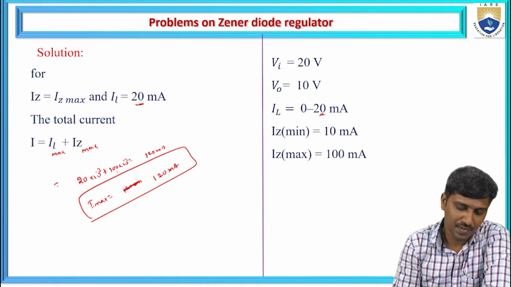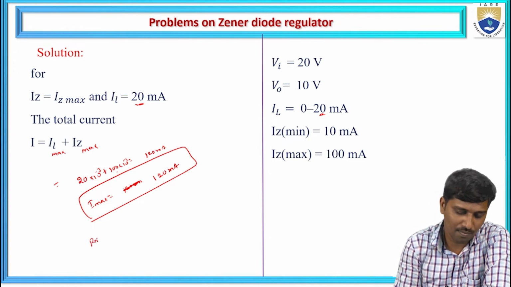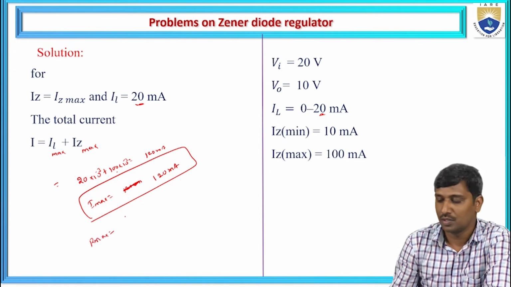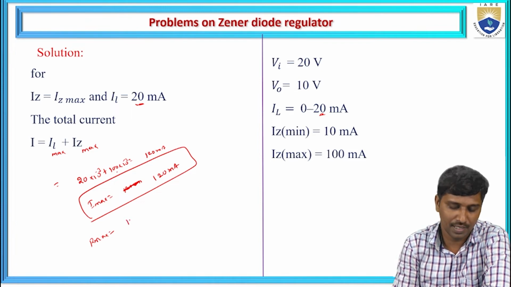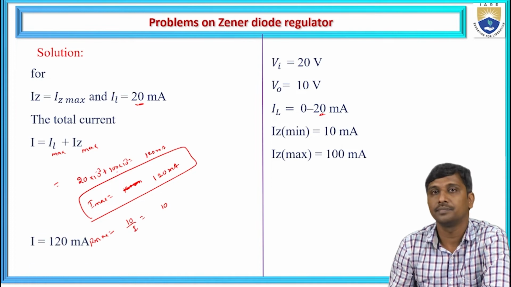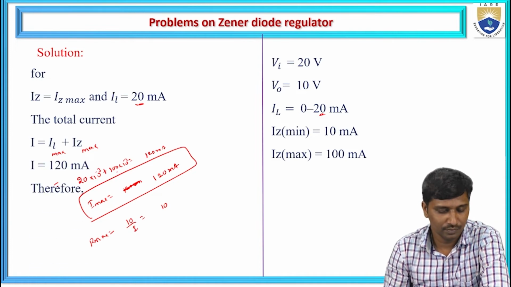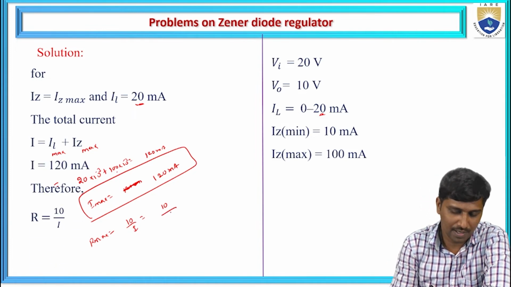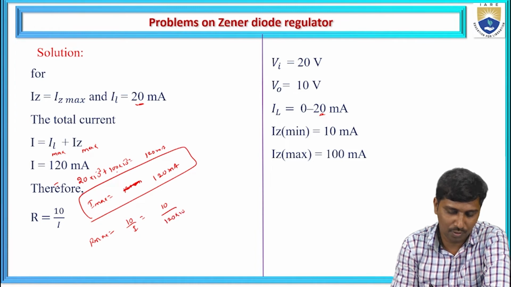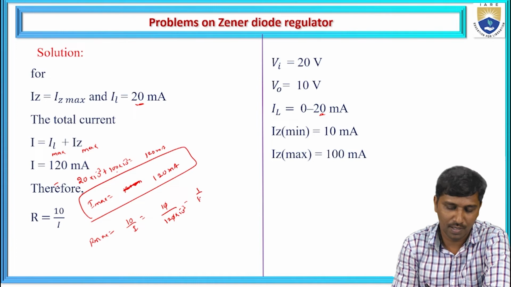So from this, we need to calculate the R maximum. To find this R maximum, we have the one relation, that is 10 by I. So here the I value is 120 into 10 to the power of minus 3. So then it becomes 1 by 12 into 10 to the power of minus 3.